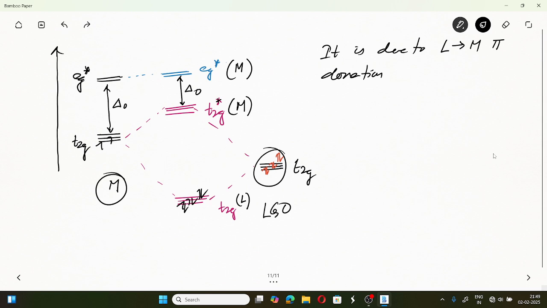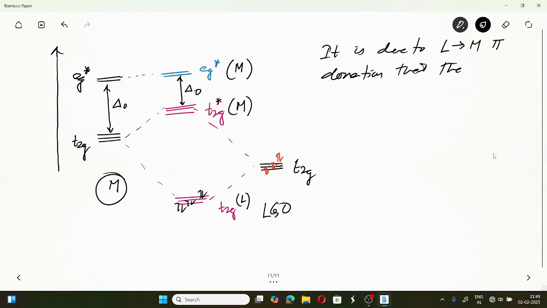You follow this? তাহলে এই যে টোটাল ইলেকট্রনটা লিগ্যান্ডের দিকে আসছে, so it is due to ligand to metal pi donation, sigma donation না, it is pi donation, very sorry. The excess pi electron density of the ligand is being donated.